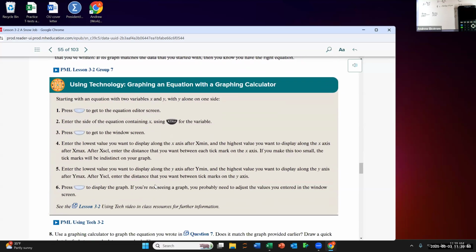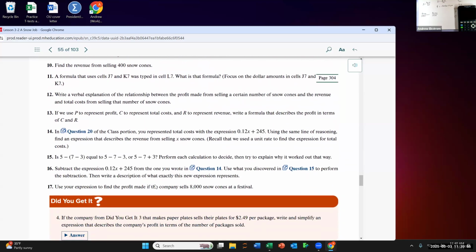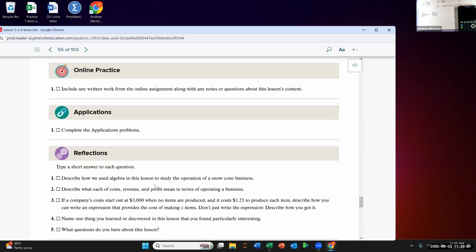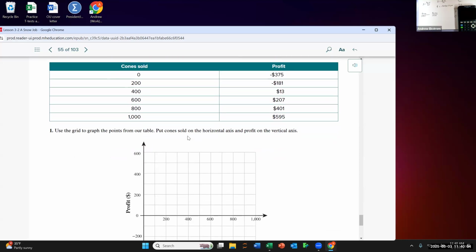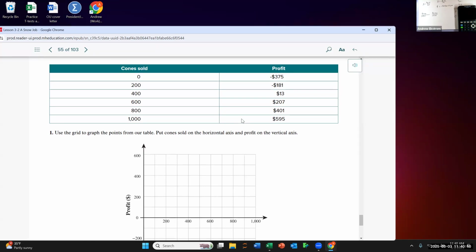It's basically using all the ideas that we've already gone through. And again, if we need to graph these, we know how to do it in both Excel as well as with the graphing calculator.